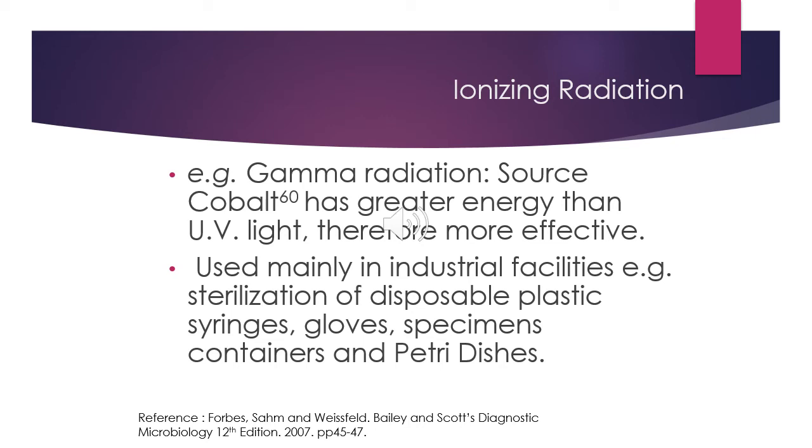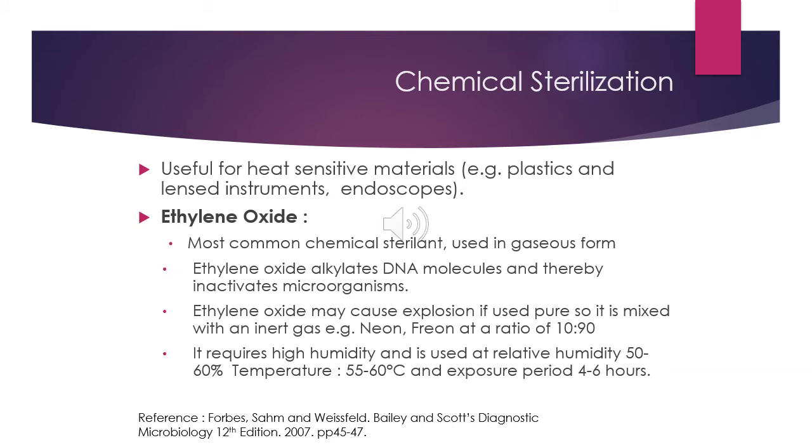Hence, it's more effective, and you usually use ionizing radiation in industrial facilities. For example, you're trying to sterilize disposable plastic syringes, gloves, specimens, and petri dishes. We're done with physical means of sterilization.